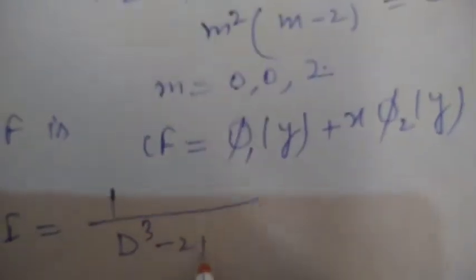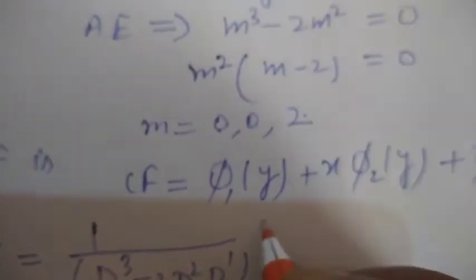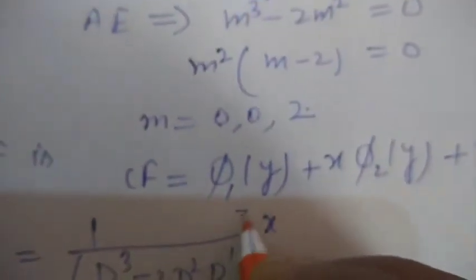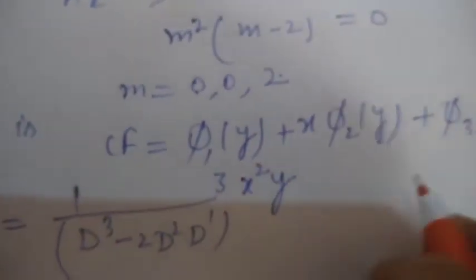Now to find the particular integral, the particular integral is equal to 1 upon (D cube minus 2D square D') of 3x square y.